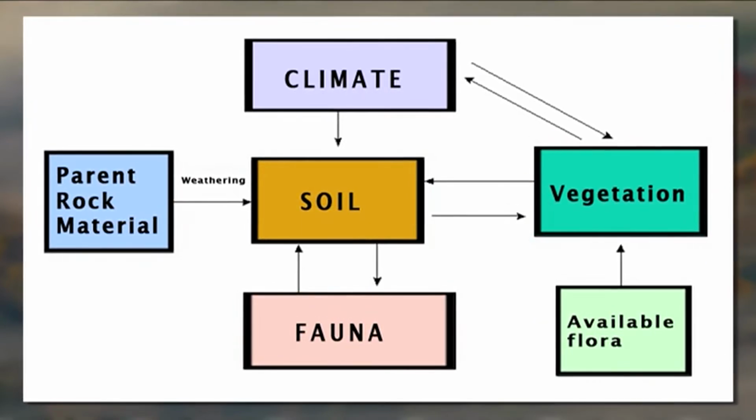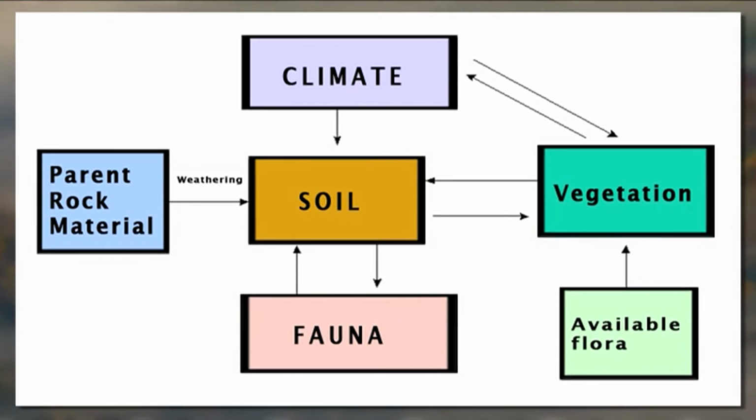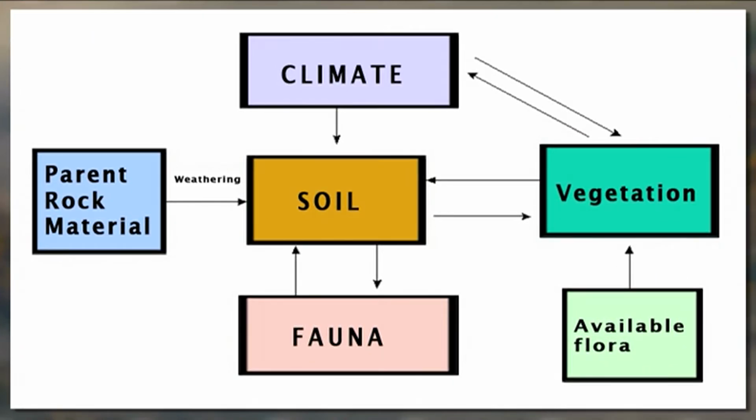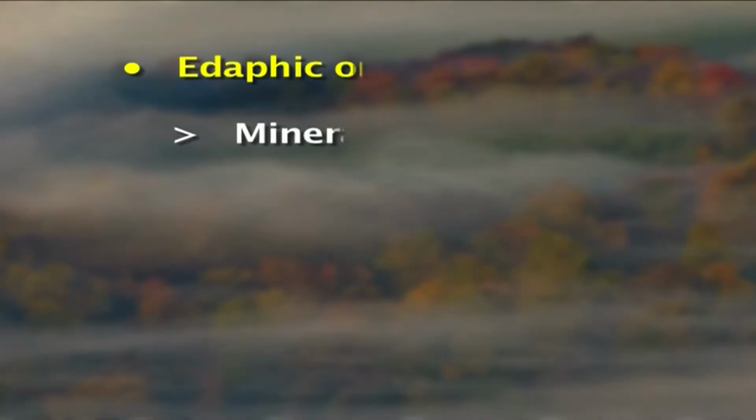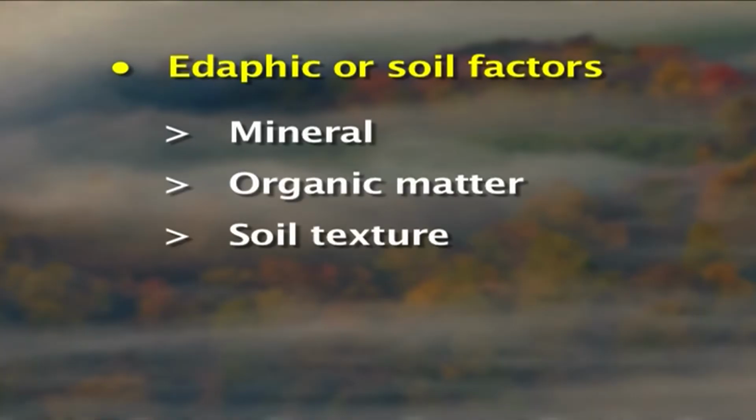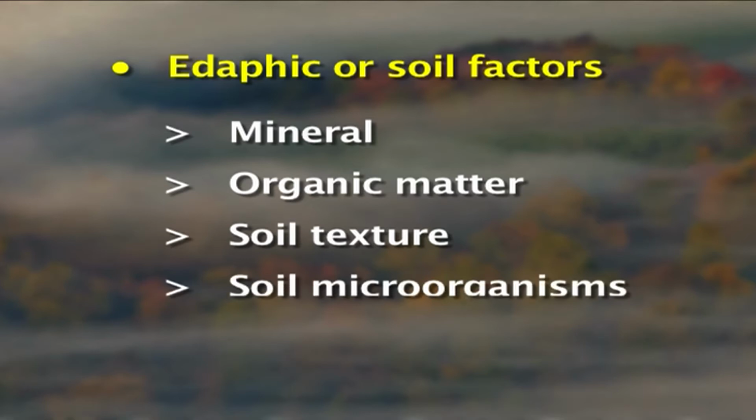The climate influences the type and rate of the weathering of the rocks as well as the nature of the vegetation growing on it. Nutrients are recycled in the soil by the plants and animals in their life cycles of growth, death and decomposition. Soil factors include mineral, organic matter, soil texture, soil microorganisms, pH, etc.